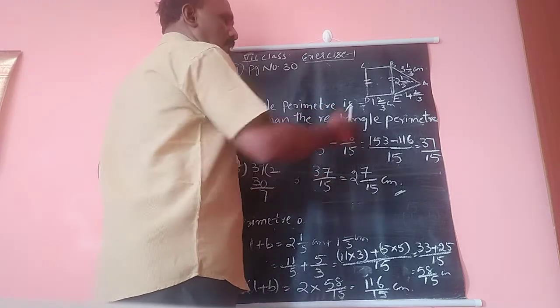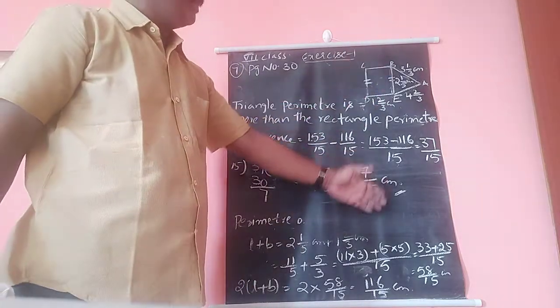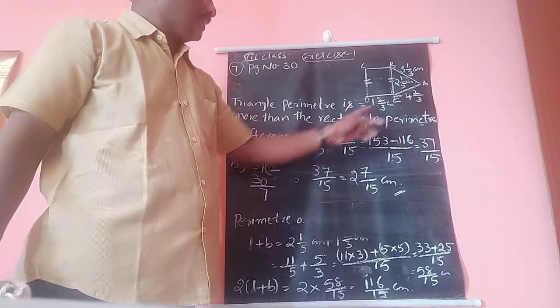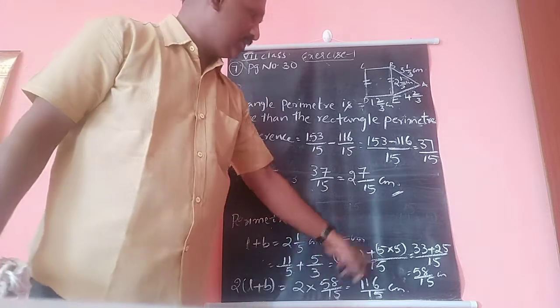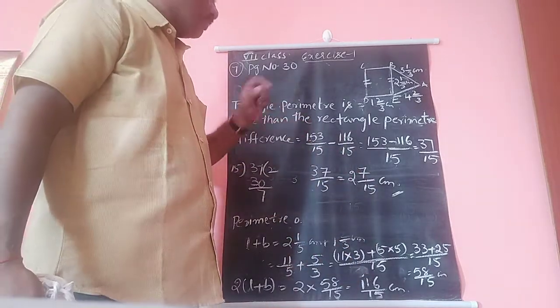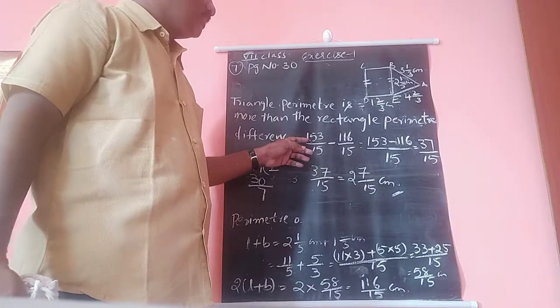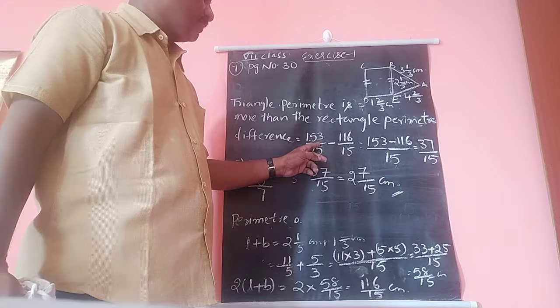So I wrote all the process of how to find the perimeter of the triangle. The perimeter of the triangle you get is 153 by 15, and the rectangle perimeter is 116 by 15. So which is more? The triangle perimeter is more. How much is the difference. Difference means you subtract the small fraction from the bigger fraction.